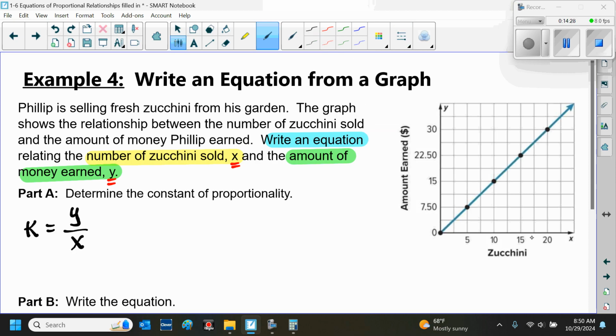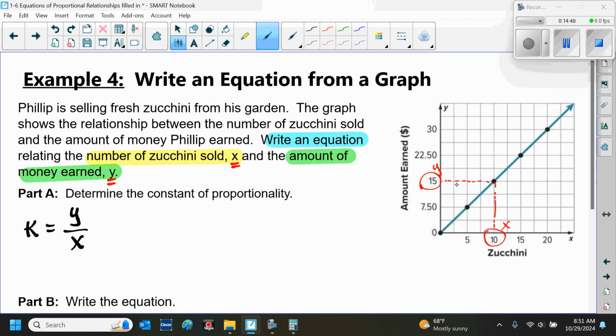So we're going to go from any point. Let's do 10. So we're going to use that as our x. We're going to go up to our graph, and this is our y. Okay? So 10 is our x, and 15 is our y.